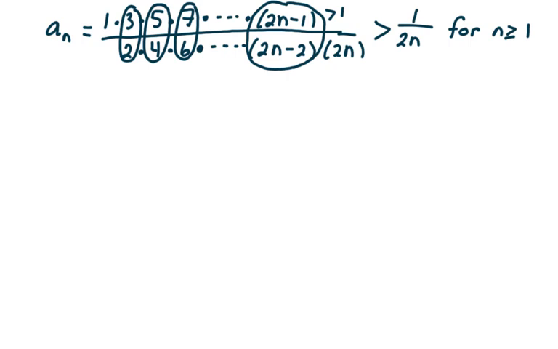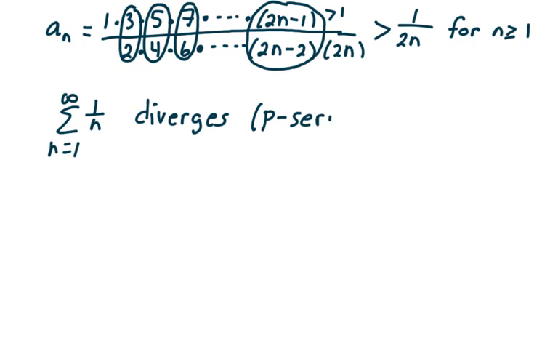Now, the summation from n equals 1 to infinity of 1 over n diverges. This is a p-series with p equals 1, which is less than or equal to 1.